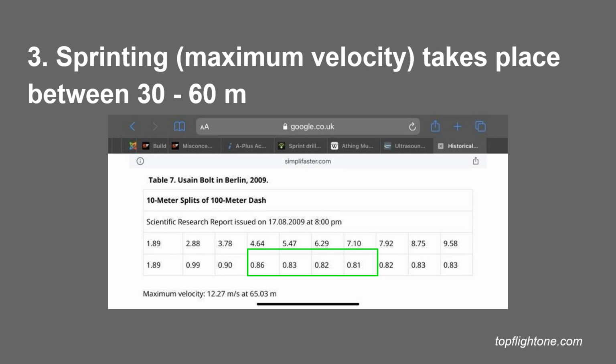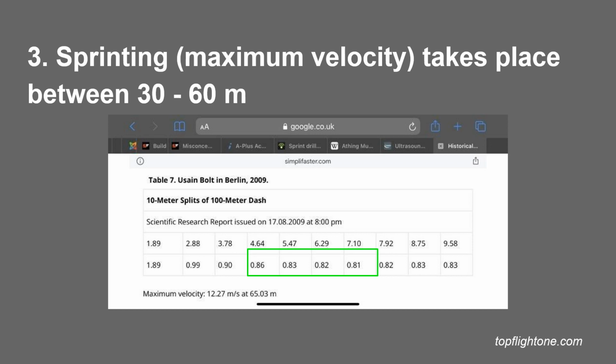Number three, sprinting, as far as maximum velocity is concerned, takes place between 30 to 60 meters. So the fastest time took place on the back end of the window. If you look at the slide, you can see that speed maintenance, which is a totally different dimension of sprinting, also takes place past that 30 to 60 meter window.